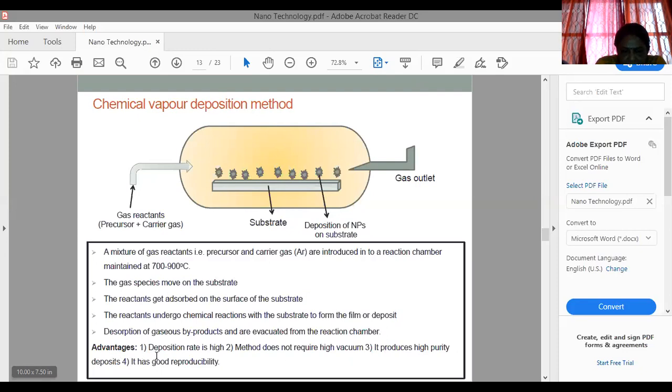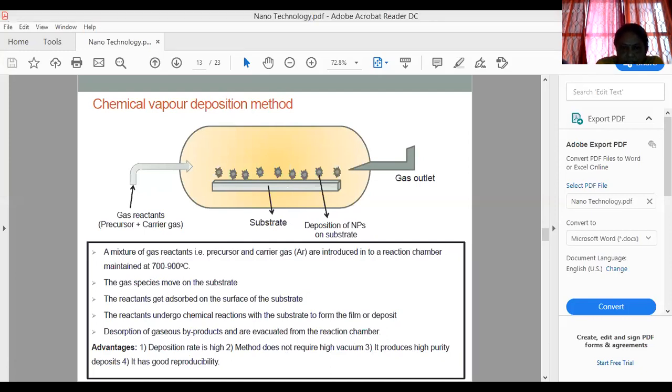So the advantages are that the deposition rate of nanoparticles is very high. The method does not require high vacuum. It produces high purity deposits, and it has good reproducibility. It is an easy method, and the yield is very high.